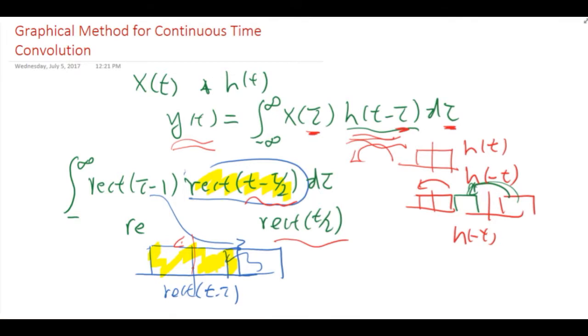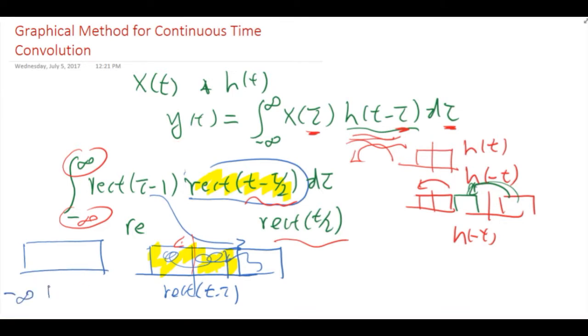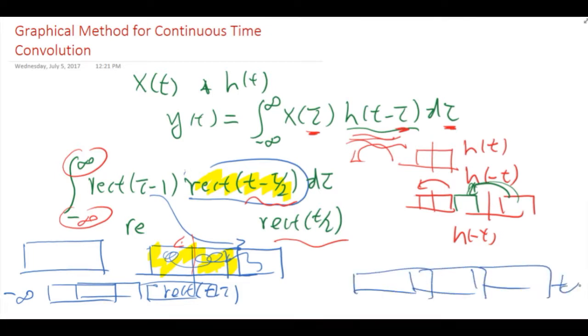Now, coming back, what does it mean from minus infinity to positive infinity? It means we are going to move this particular function slowly from minus infinity all the way to positive infinity.